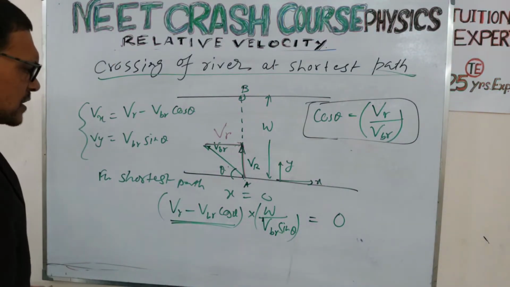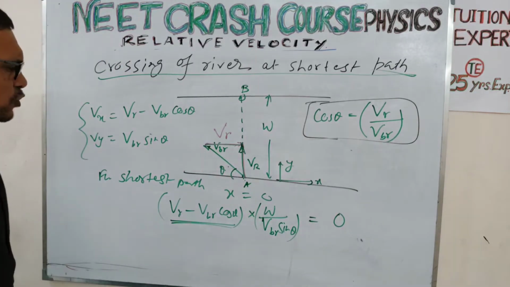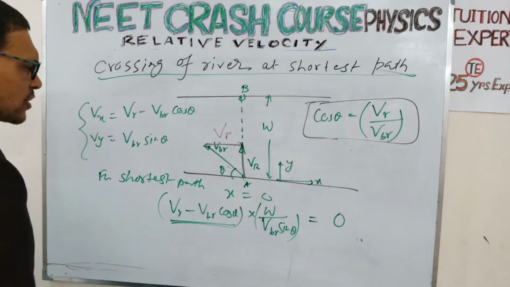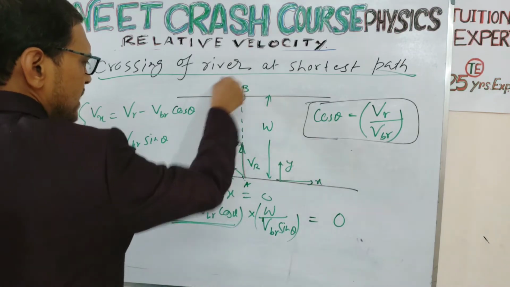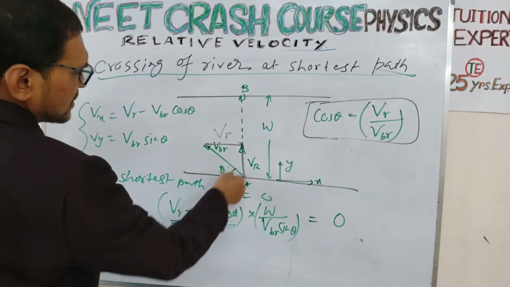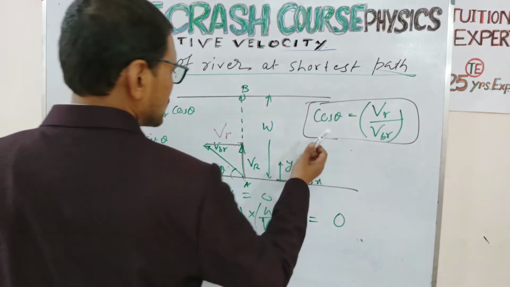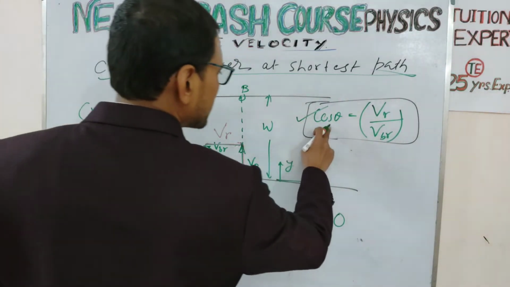If the question is what should be the angle at which the boat should be directed such that he crosses the river by the shortest path, or reaches just opposite to A, then first we find the angle theta with the help of this formula.